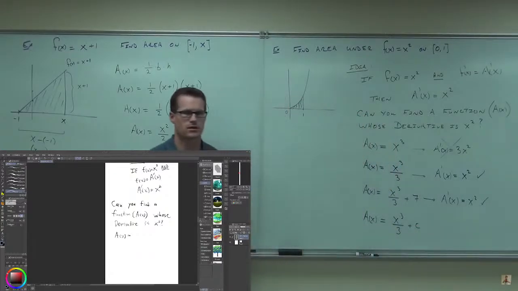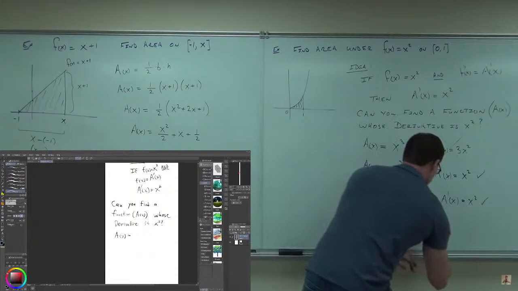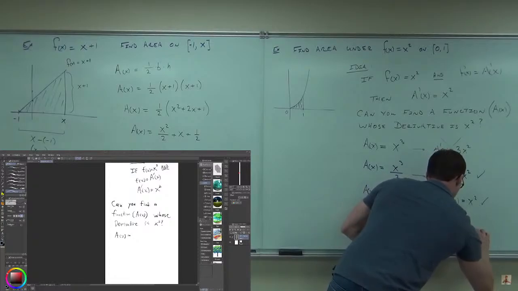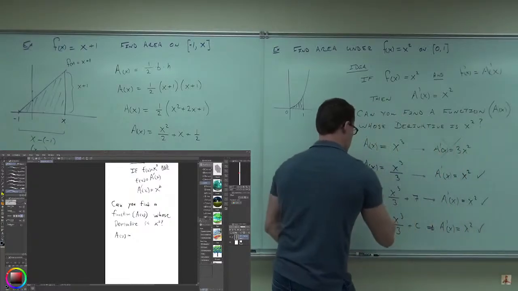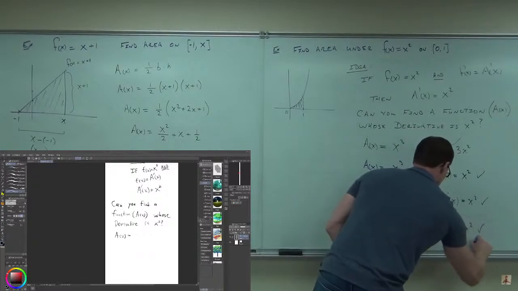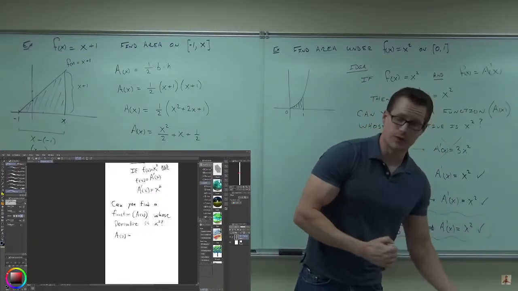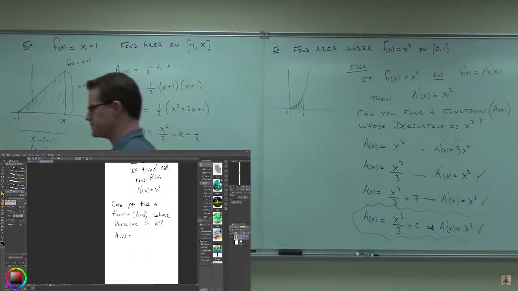What about that? Any constant, no matter what it is, is going to go away when you take a derivative, right? So what you actually get here is a family of curves, each of which would work as an area function.